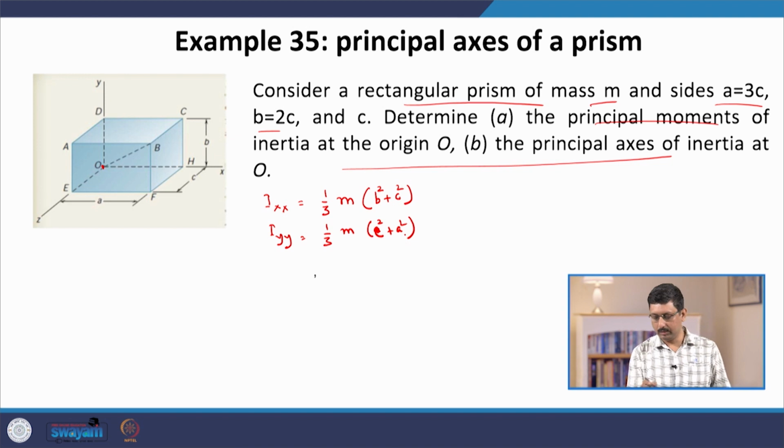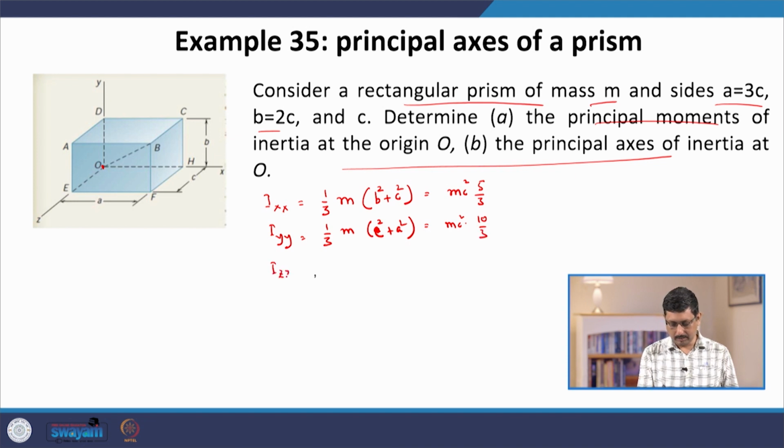Now b is equal to 2c, so we can take mc square outside and this will be 5 by 3. Iyy similarly, a is equal to 3c, so this will be mc square times 10 by 3.